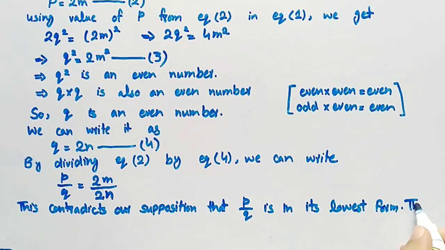Therefore, square root 2 is not a rational number.